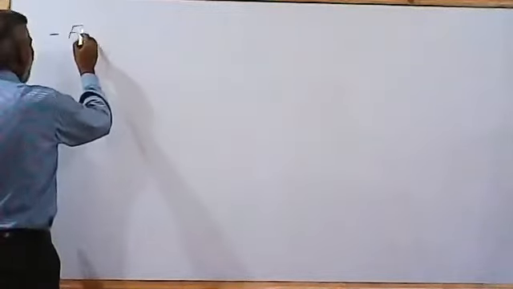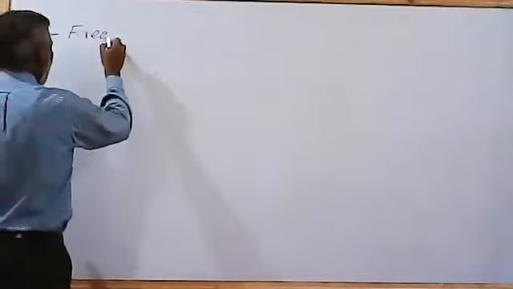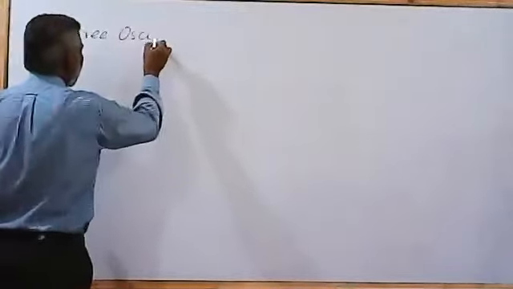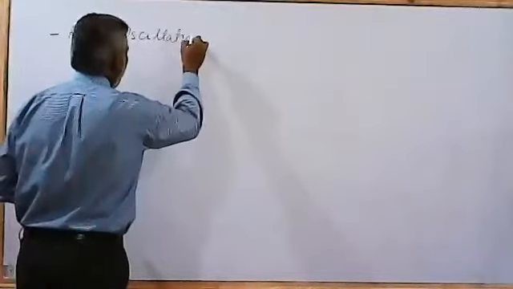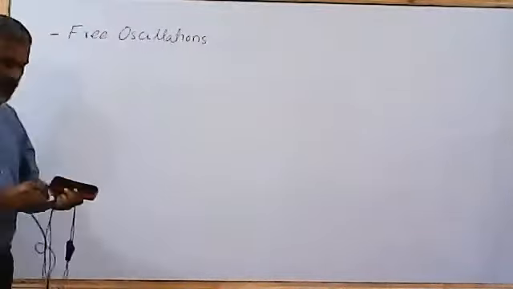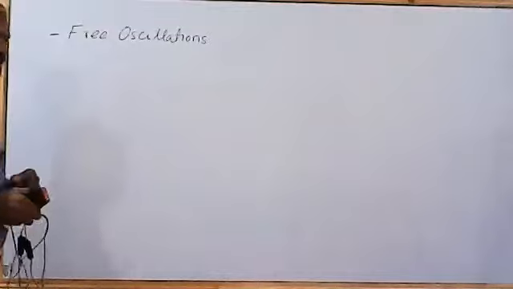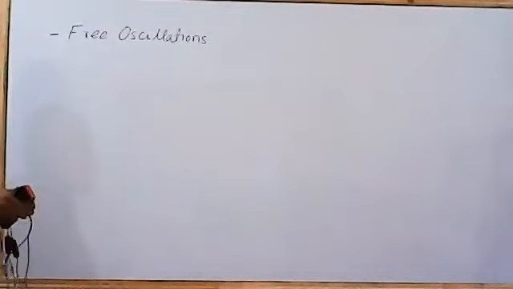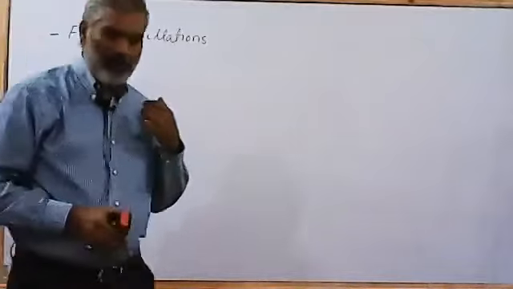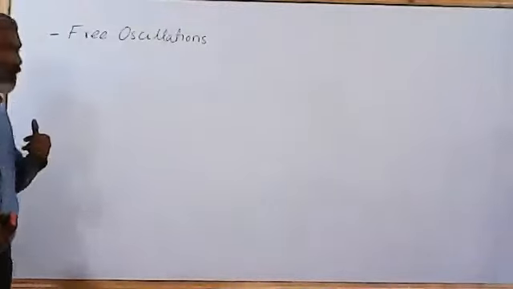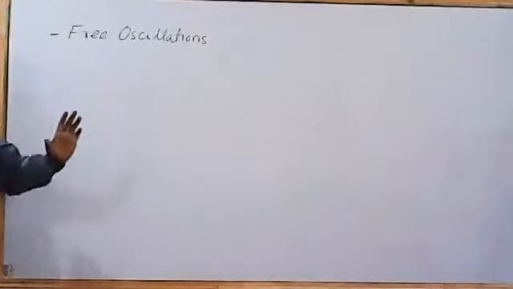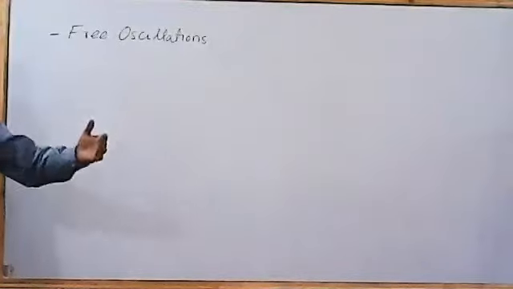So let's start with a few definitions, simple ones. And the first one is, what do we mean by free oscillations? By free oscillations, we mean an object is oscillating without any dissipative forces present or without any forces present which are repeatedly pushing that system, repeatedly causing that system to increase its amplitude.